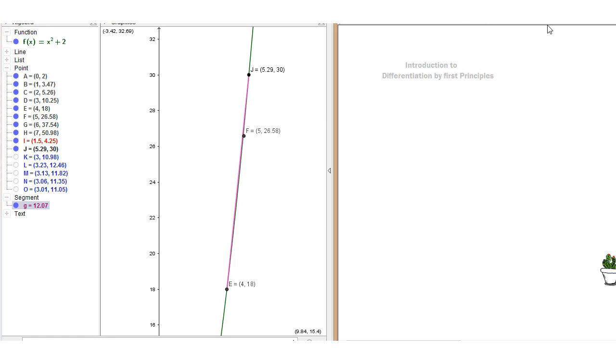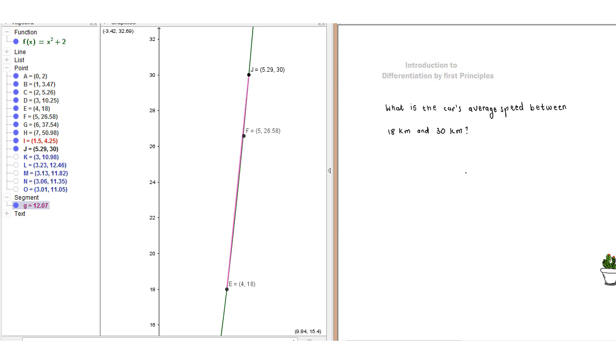So if we want to know what is the car's average speed between 18 kilometers and 30 kilometers, right?